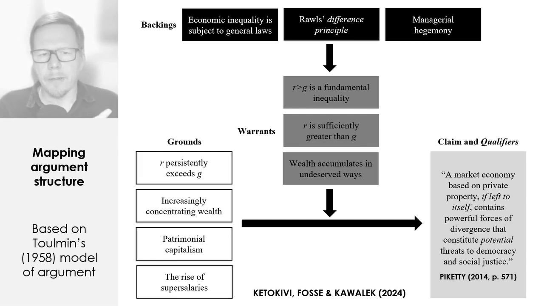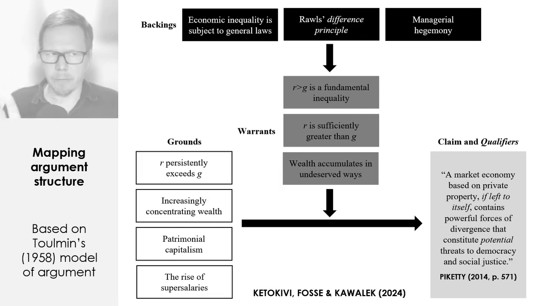And I think that the notion of license is most conspicuous when we look at the R minus G. The idea of R persistently exceeds G is ultimately interpreted as R is sufficiently greater than G to produce the kinds of adverse consequences that Piketty envisioned. And indeed, there's something fundamental about the inequality of R being greater than G. But these warrants, which are here applied in a specific case, they rest on a number of backings.